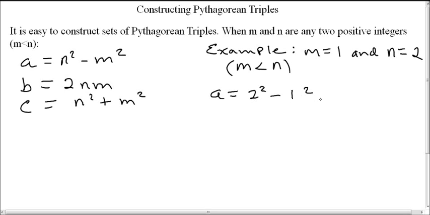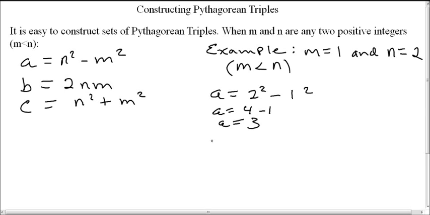And if we square, a will equal 4 minus 1, and then we see that a is going to equal 3. Well, that looks okay. We'll see if we're going to create this very first triple using this format.